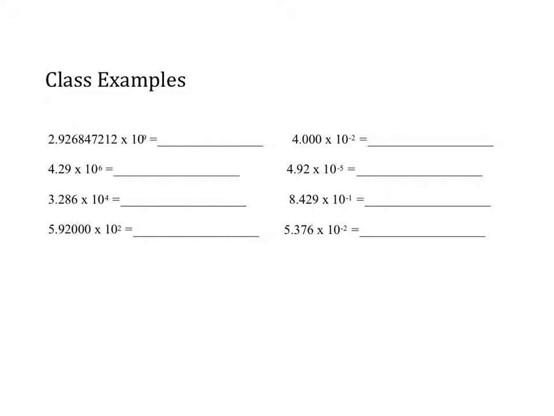So since I'm multiplying by 10 9 times, I'm going to move my decimal point 1, 2, 3, 4, 5, 6, 7, 8, 9 times, which means my 2.926847212 times 10 to the 9 turns into 2926847212. In other words, it just moves that decimal all the way to the end. You can choose to write it or not write it. Again, we'll talk about the rules of when you do or don't write that here in a little while.